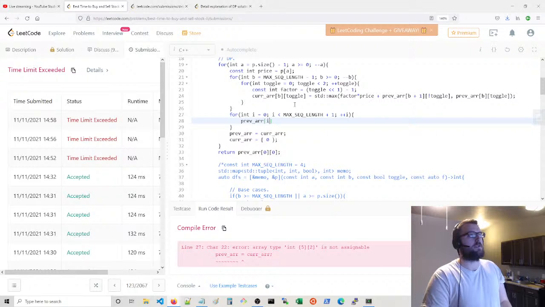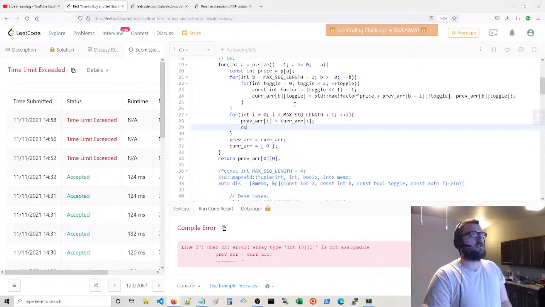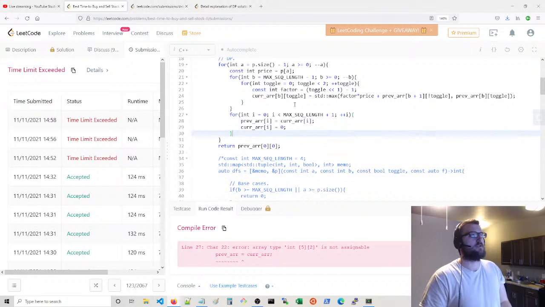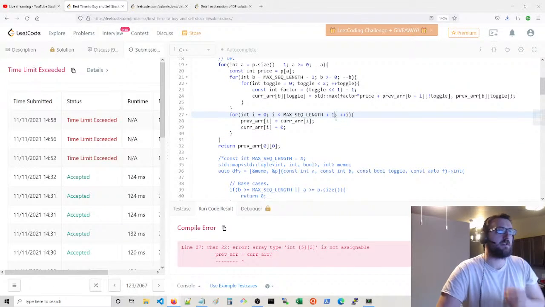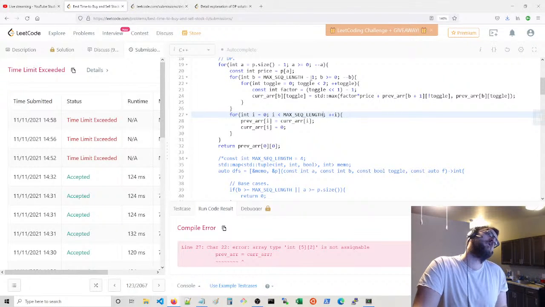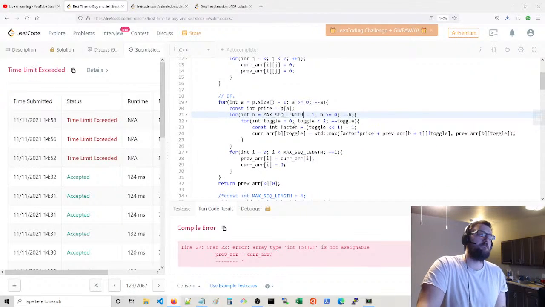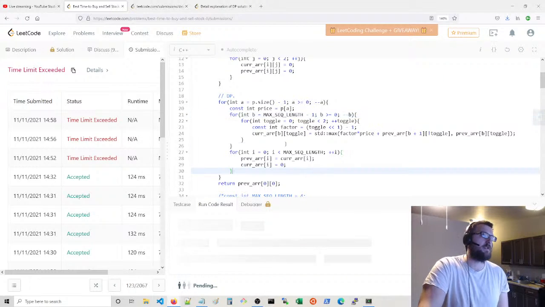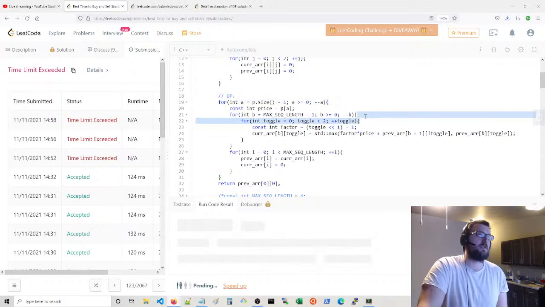Previous array of i equals current array of i, and current array of i equals 0. Something like that. We don't actually need to go to the last one too, by the way. I don't know what's going to happen if we do this.